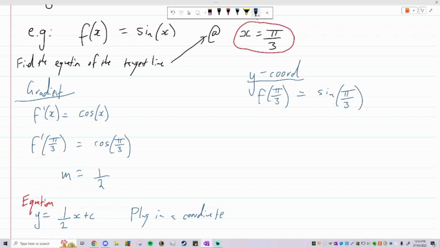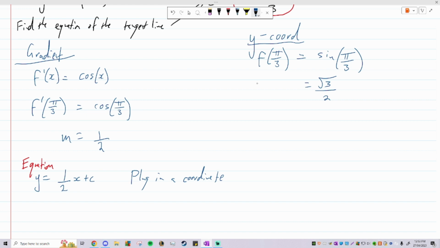Okay, and sine of pi on 3, that should give me root 3 over 2. Okay, again, if I mix those two up, I do apologize. But we're going to get the coordinate of pi on 3, comma, root 3 over 2. Okay, now we have the coordinate.